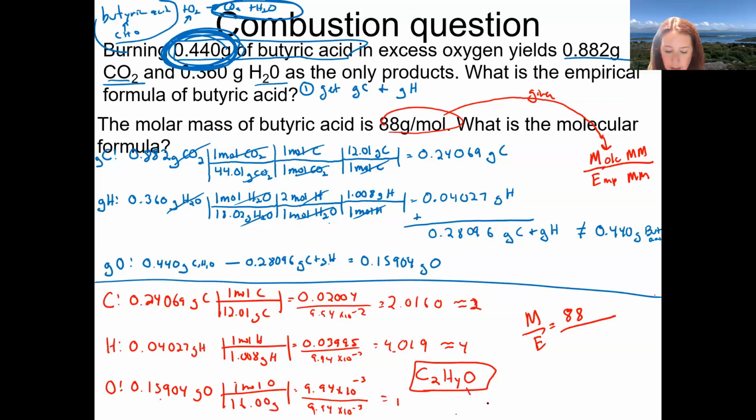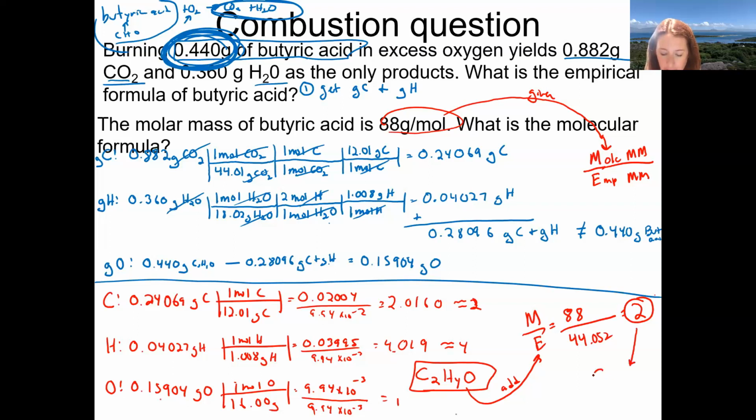Empirical, you have to add, right? So 12.01 times 2 plus 4 times 1.008 plus 16 is 44.052. And when you divide that, you get 2. That's the molecular formula, one tiny little extra baby step. What does this mean? It means multiply everything by 2.